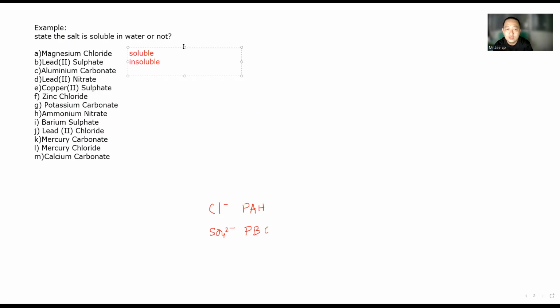So aluminum carbonate is not soluble. When you see nitrate, whatever nitrate, soluble or not soluble? Right, soluble.